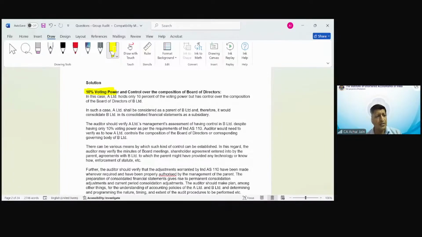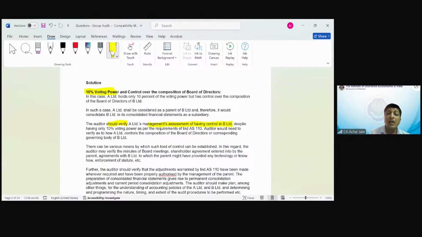It's not something not possible, but it is not very commonly found. So in this case, what is going to be the important part? The auditor needs to verify the management's assessment of having control in B Limited. That's going to be the first step and the most important part.